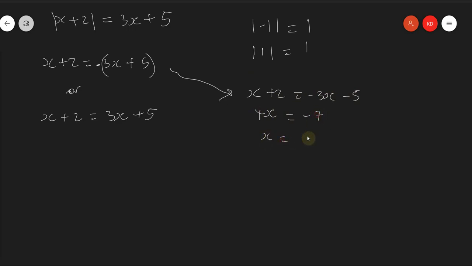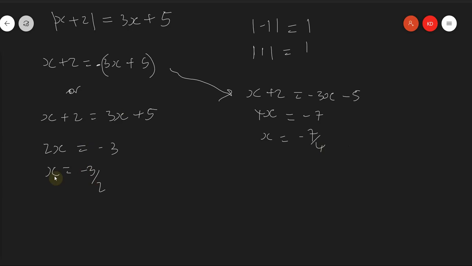Therefore x is equal to -7/4, and from here we can say that if we bring the like terms on one side, 2x is equal to -3. This, we bring the x over here, we get 2x, bring this 5 over, that's 2 minus 5, so that's -3. Therefore x is equal to -3/2.